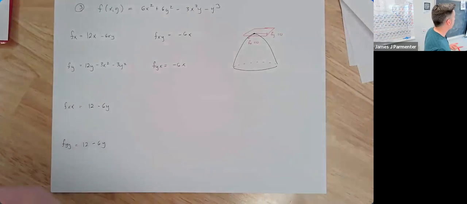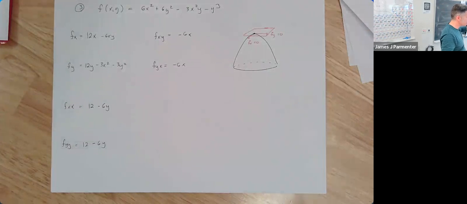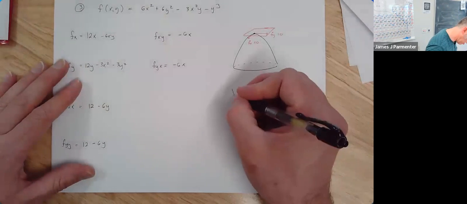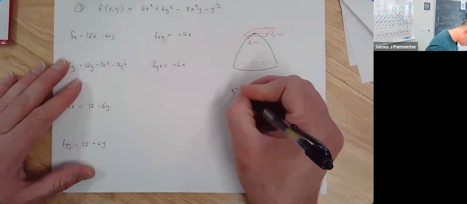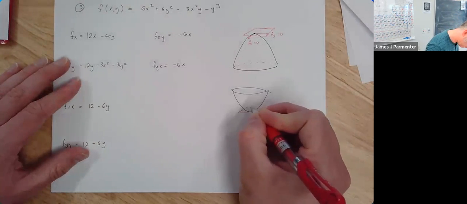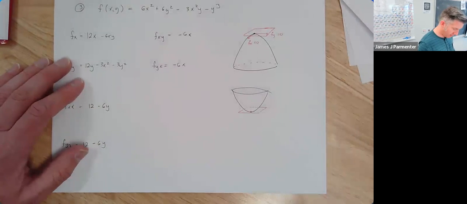So the thing to be aware of here is that when you find the points where both the partial with respect to x and the partial with respect to y are equal to 0, that is the critical point of your graph. And it might be where you have a relative maximum, it might be where you have a relative minimum.